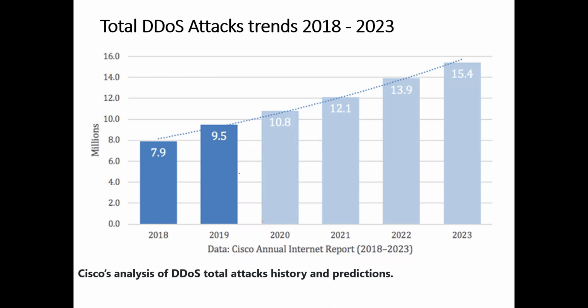And look at the amount of losses they were causing from 2018: $7.9 million US in losses, then 9.5, 10.8. Look at where we are now. And it's true, by the time they brought down Facebook in 2021, they had caused a lot of havoc. I imagine the amount of loss will be added on too.